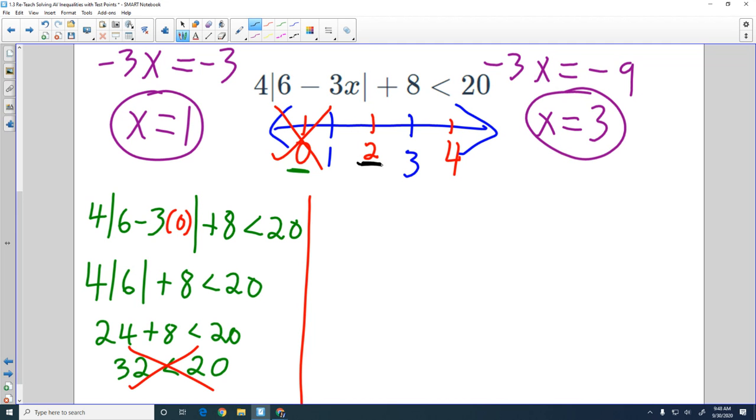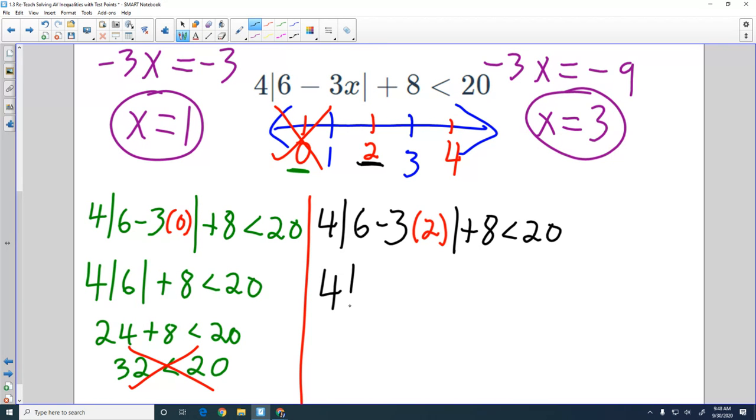Okay, let's try this middle section. I'm plugging in a 2. 4 times the absolute value of 6 minus 3 times 2 plus 8, and we're seeing if that's less than 20. All right, so 3 times 2 is 6, and 6 minus 6 is 0.